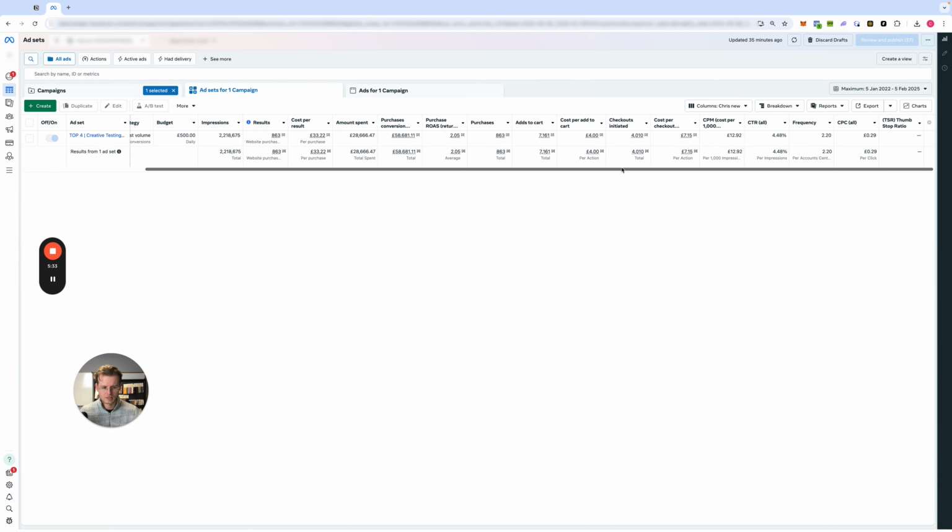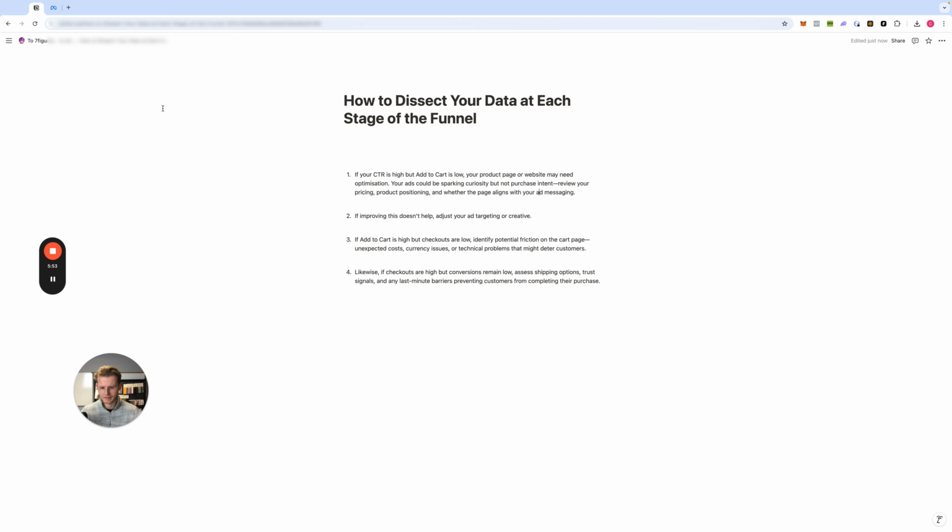So this also takes into account our checkouts as well. And the same thing with purchases. If we have a decent cost per add to cart, decent cost per checkout, but then we're simply not getting any purchases, then we can come back into our website and look at our shipping options.